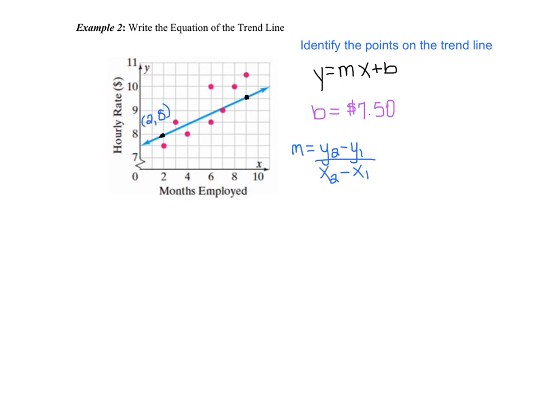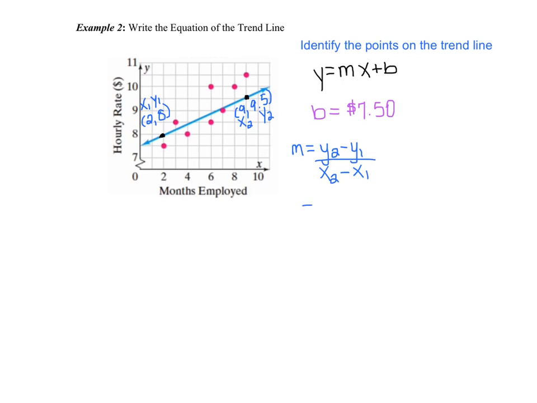Okay, and we'll say that's x1 and y1. And then our second coordinate, go over, it's 9 and up 9.50. So your second coordinate is 9 and 9.50, or 9.5. And we'll label that x2 and y2.